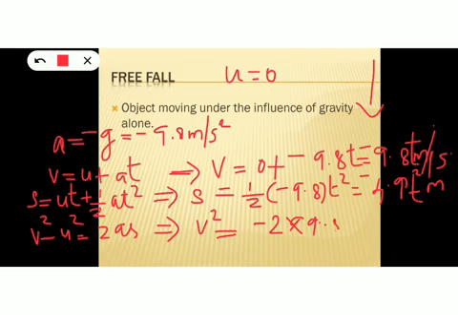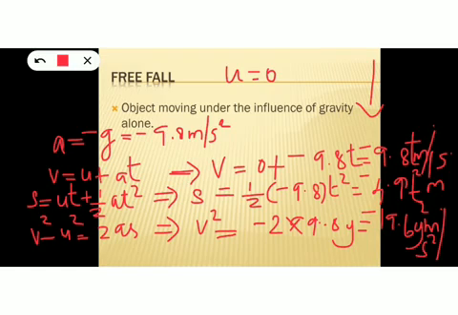So v square equal to minus 19.6 into y meter square per second square. Why? Because we got v square here. The unit for v is meter per second, then the unit of v square will be meter square per second square. Okay, so our equations of motion get modified like this in the case of free fall.